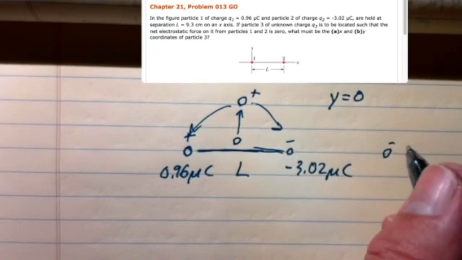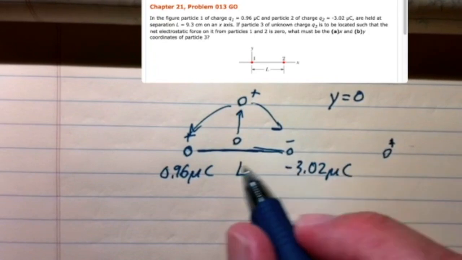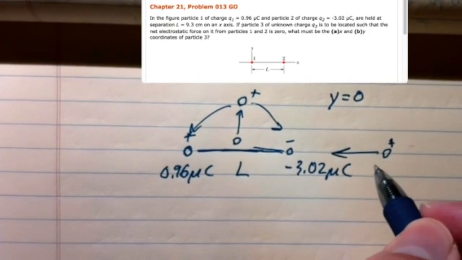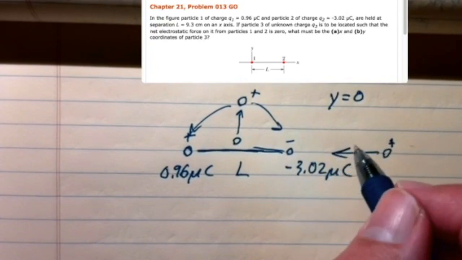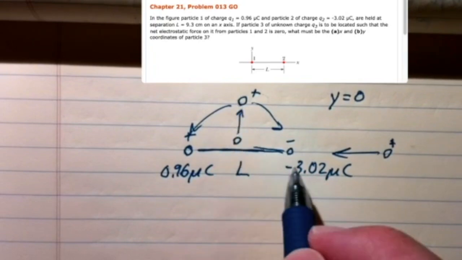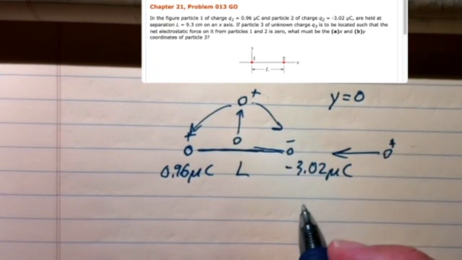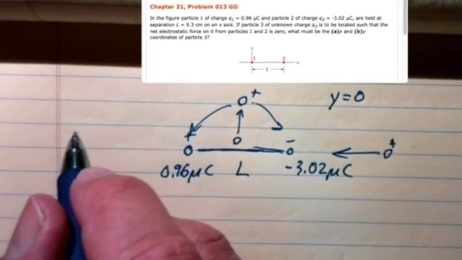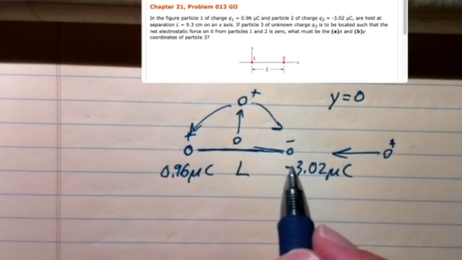This would basically block it. If we put a positive charge over here, this charge would block it, and it would be pulled in this way. So really, we can't put anything over here. We can't put anything up in the middle or off of the axis. So the only region that it can be in for this particular setup is over here.